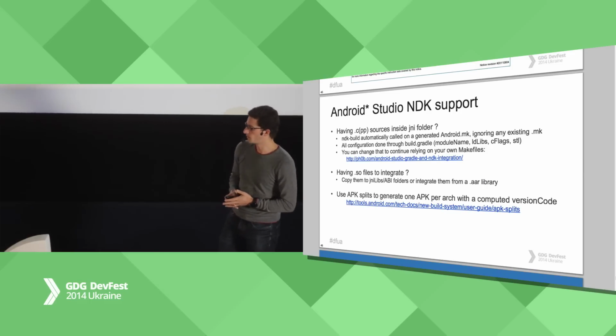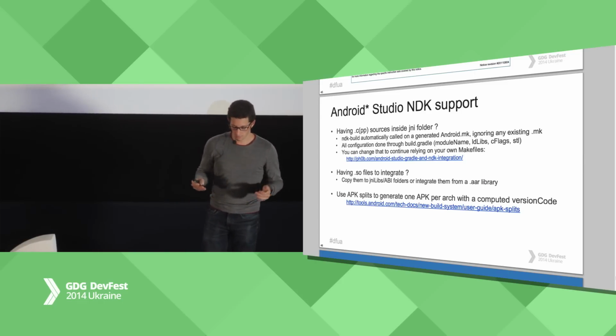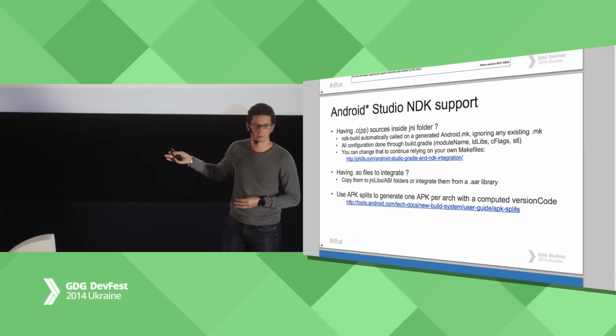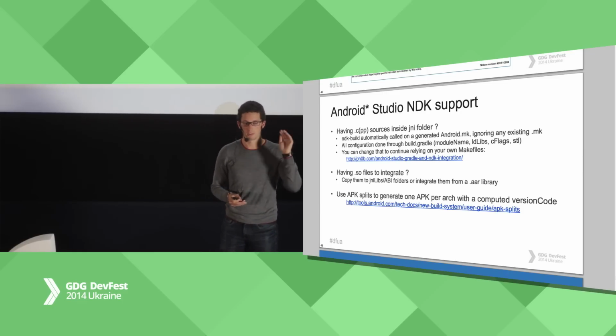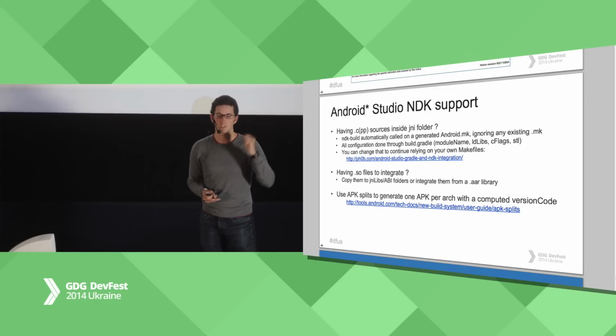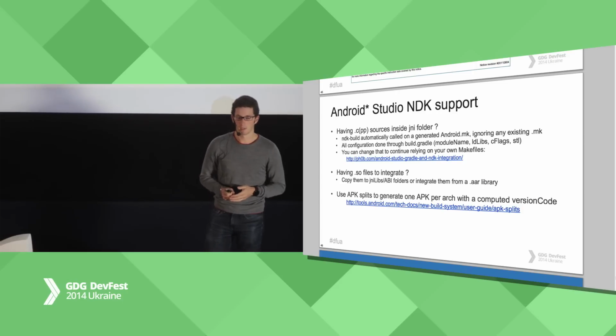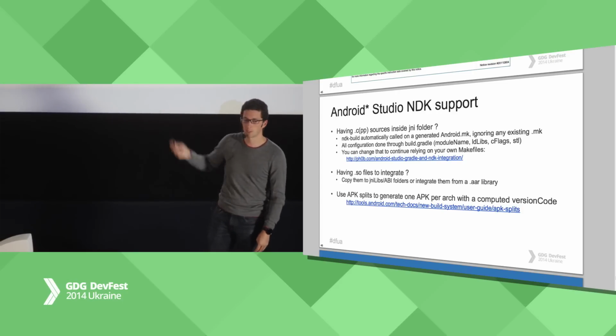And if you just need to integrate .so files, because your NDK library is done, you will never touch it again, you can directly put your .so files under a folder called jniLibs, under subfolders named after each architecture, and they will get integrated inside your final APKs. And you still have the feature for splitting the APK for each architecture.